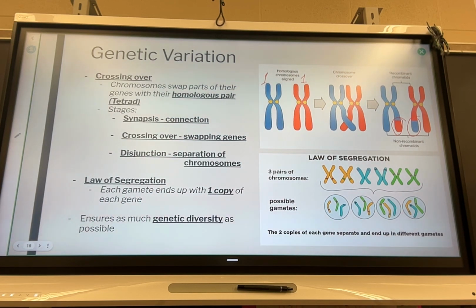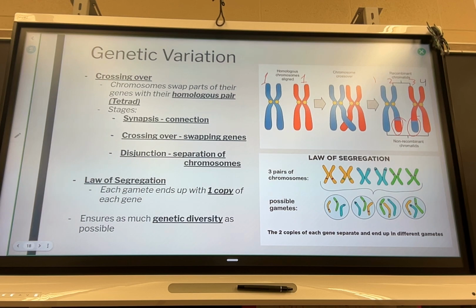So if we were to separate these out, meiosis, we said, comes out with 4 cells. How are these going to be different? So we have 4 cells. Let's say 1, 2, 3, 4 cells. Each chromatid is going to come into its own cell. How is chromosome 1 going to be different from chromosome 2? Well, what do you notice? Okay, it has part of red.